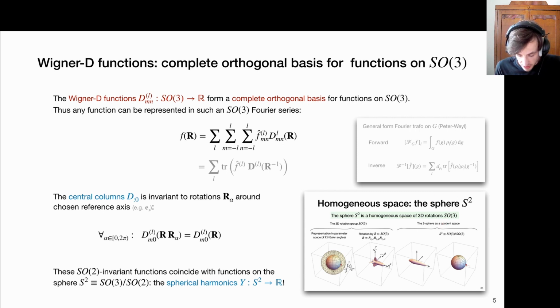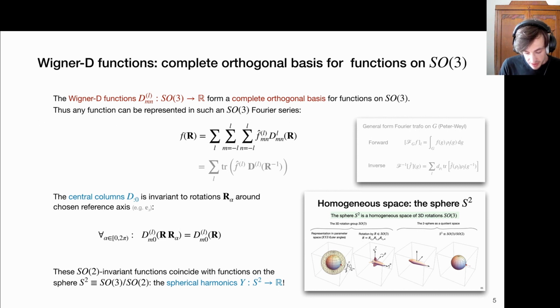So imagine these three rotation angles, alpha, beta, gamma, where maybe alpha is depicted in this radial axis. Then suppose I have a symmetric object, then rotation around this alpha axis doesn't change this object. So all these rotations are identified with one and the same point on the sphere. And this allowed us to consider the sphere S2 as a homogeneous space of SO3, or as a quotient space.